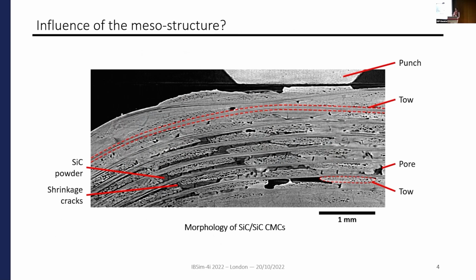Here it's a kind of elbow-shaped part. So you can see here that the tows are not straight. The density of tows is not homogeneous inside the part. And as the matrix is made by chemical vapor deposition, it's a quite complex manufacturing process. There are a lot of irregularities, such as porosity, and the matrix is really heterogeneous at the mesoscale.